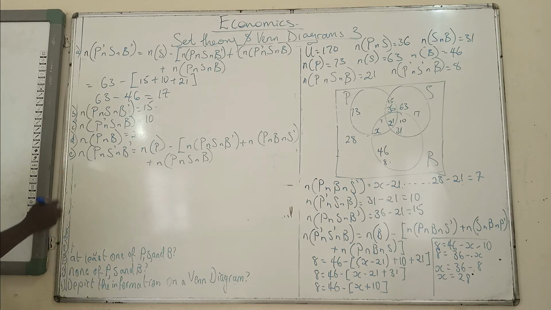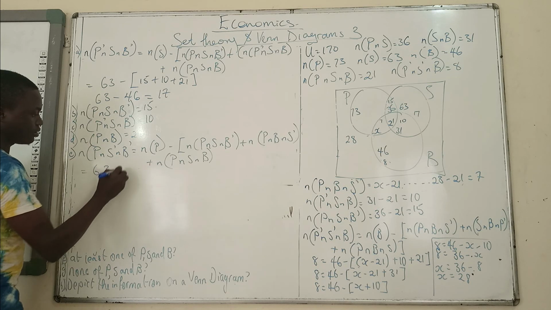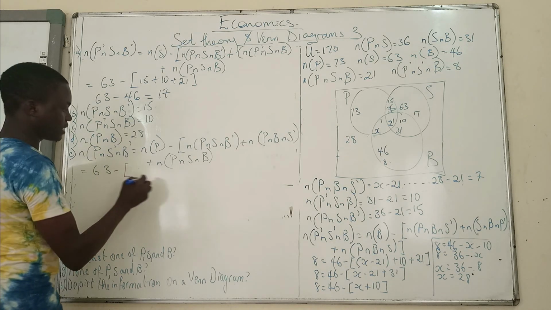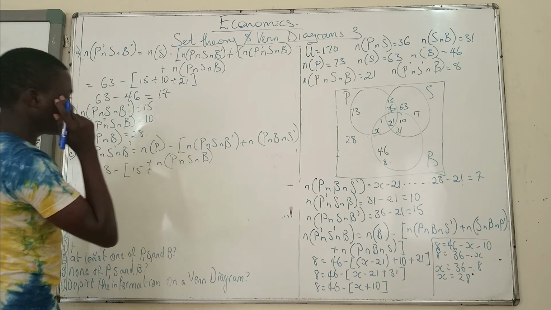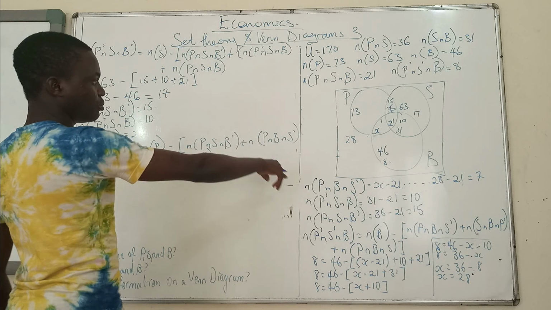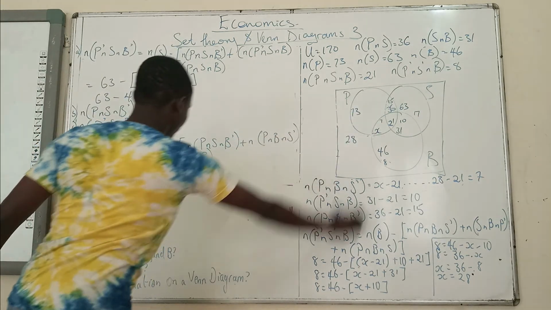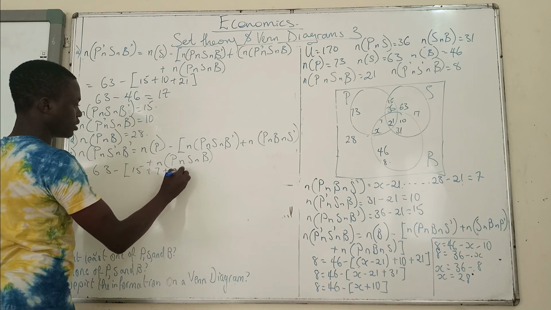So for E, this is going to give us 63 minus, you open this, 15 plus 15 plus P intersection S intersection B prime, okay, then P intersection B intersection S prime plus 7, 15 plus 7, then plus 21.